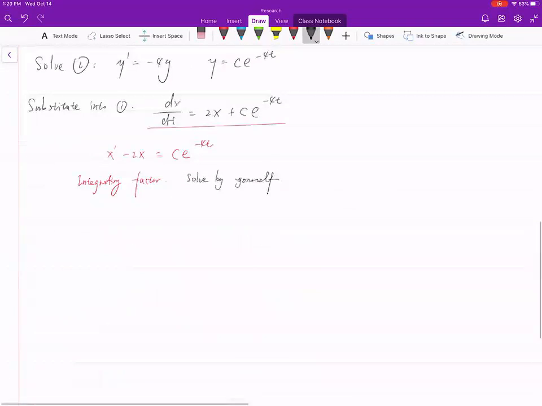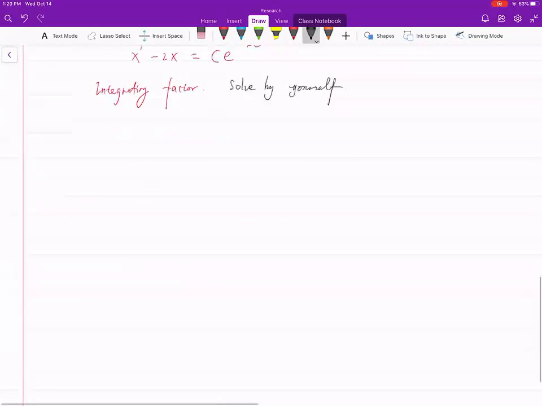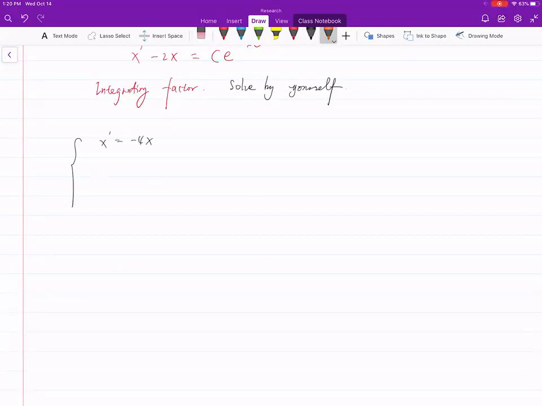Things become more interesting if you have three. Think about it. If you have three, let me just use x prime. This is clearly completely decoupled.